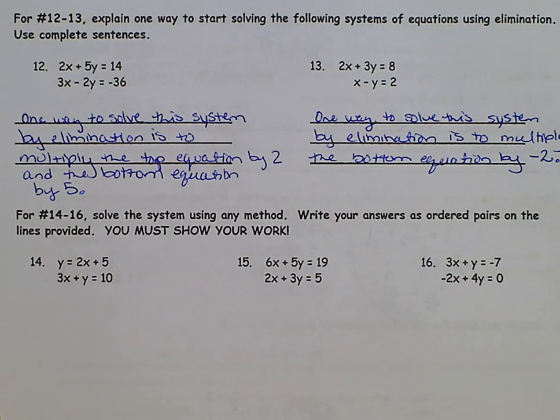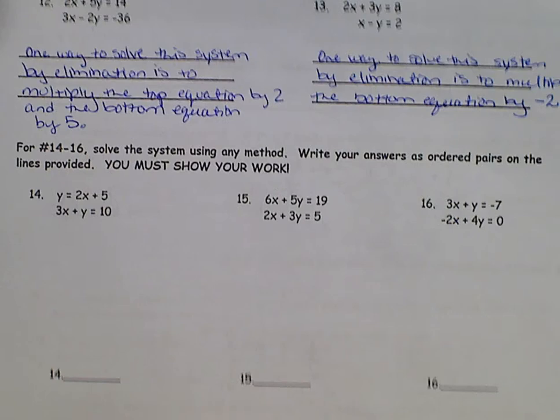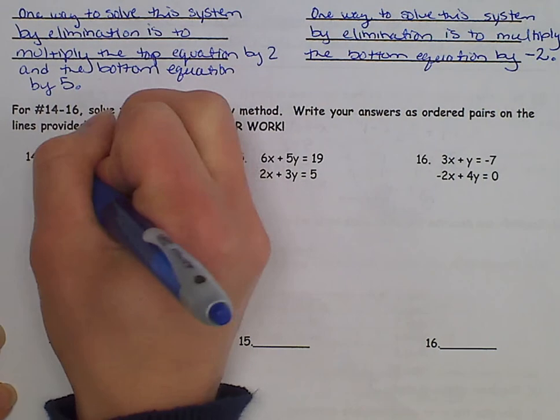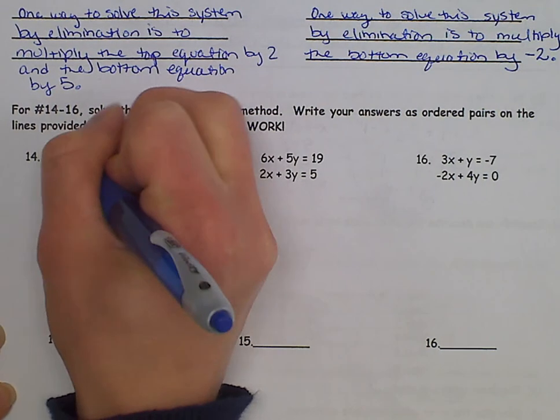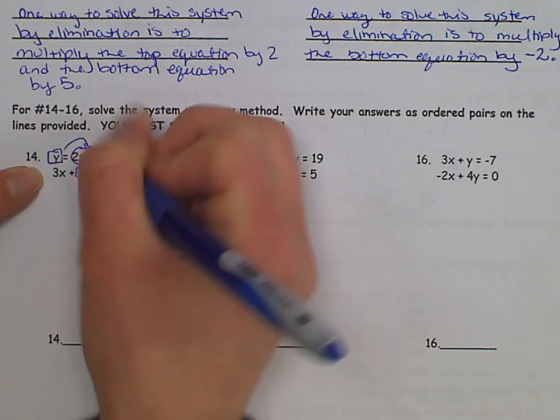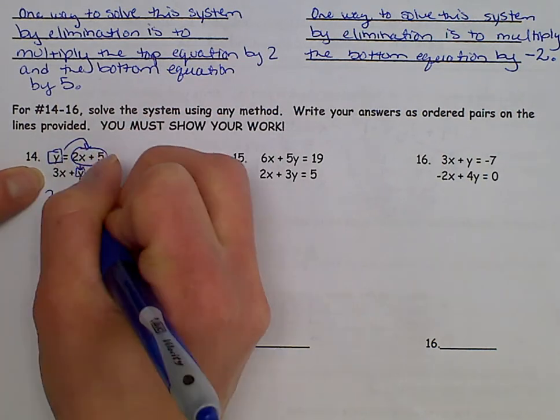For numbers 14 through 16, it says solve the system using any method. Write your answers as ordered pairs on the line provided. You must show your work. Well, in number 14, I see that the y is isolated in the top equation. Therefore, I'm going to take what y equals, which is 2x plus 5, and I'm going to replace the y in the second equation. So I'm using substitution.